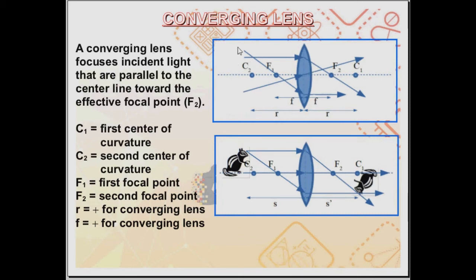F2 is referred to as the effective focal point of the lens. So the effective focal point is behind the lens. Therefore, f is positive. The same goes for r. r is positive for a converging lens.